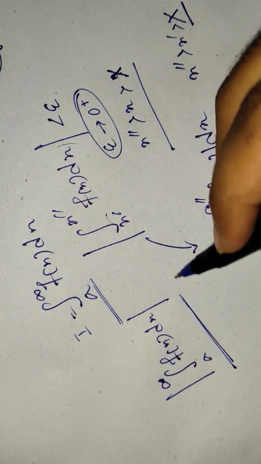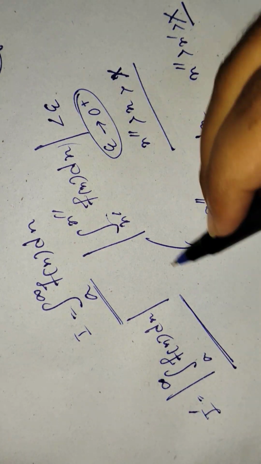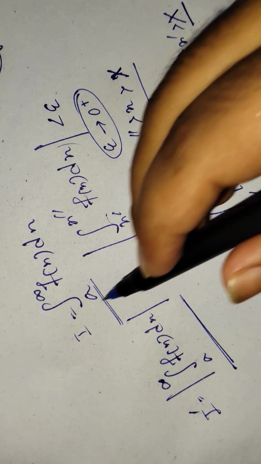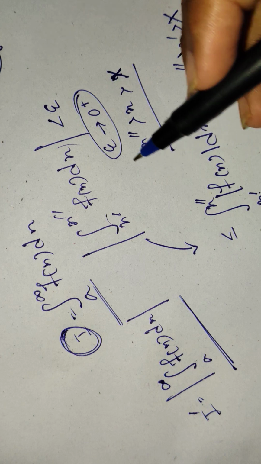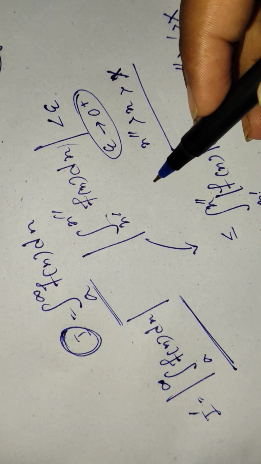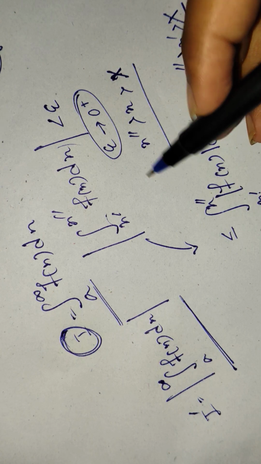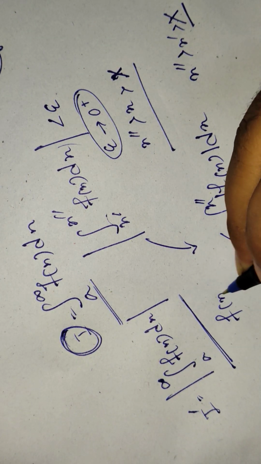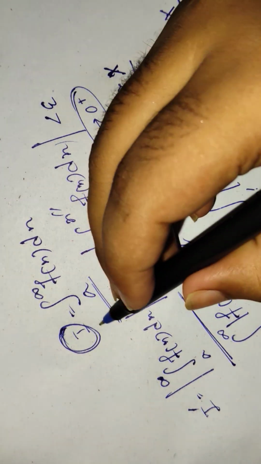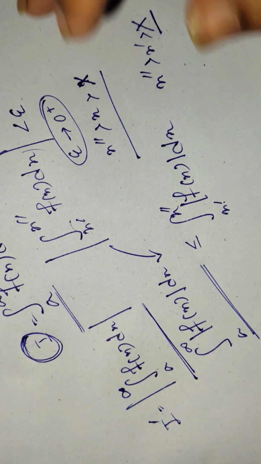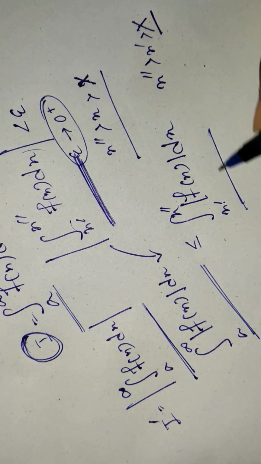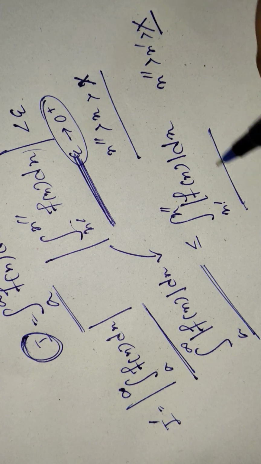If this, let's say this is I dash, converges, then this integral will be called an absolutely convergent integral. And if the integral of f(x) dx from a to infinity converges but the mod version does not, then it is not absolute. Hopefully you can understand. In that case, you can see these two will not be equal, right?